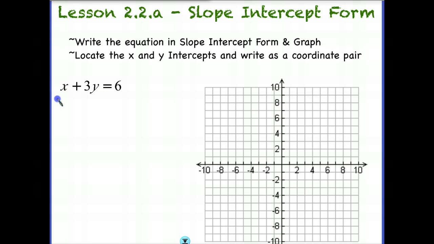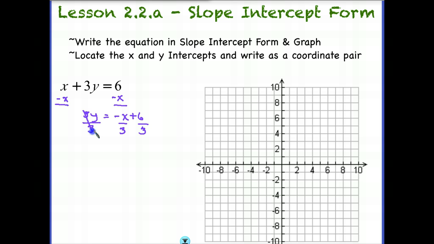And we do that by isolating y, solving for y. So we'll subtract x from both sides, and we will get x minus x is 0. And then on this side, you can't subtract those, they are not like terms, so we need to write them both.